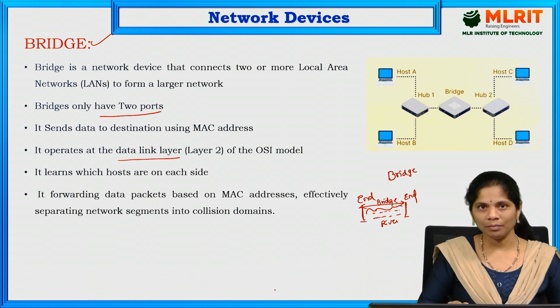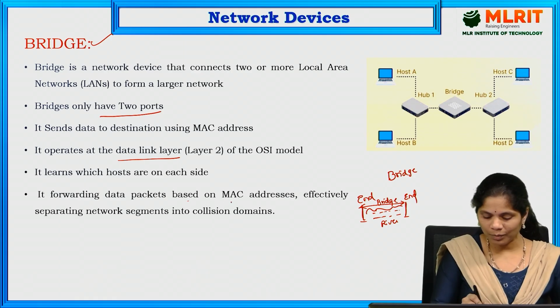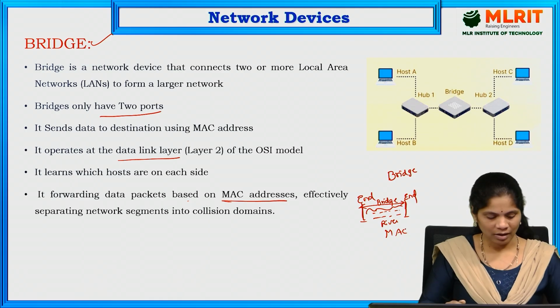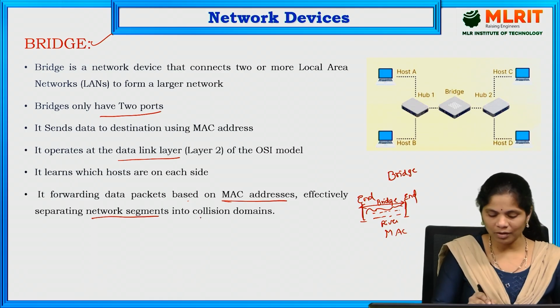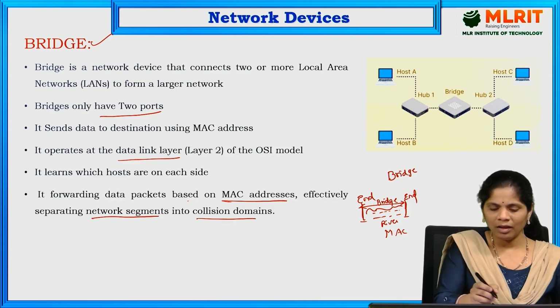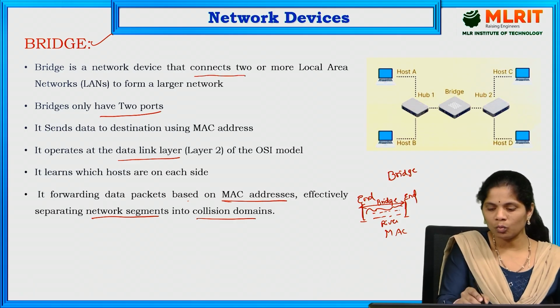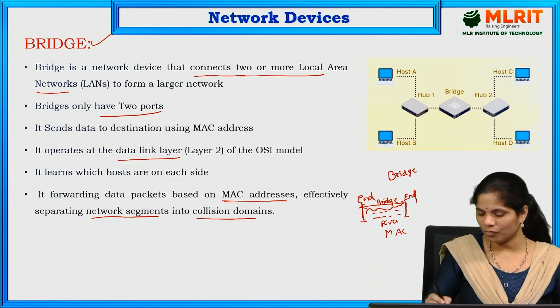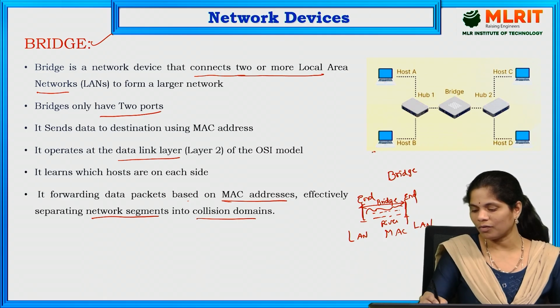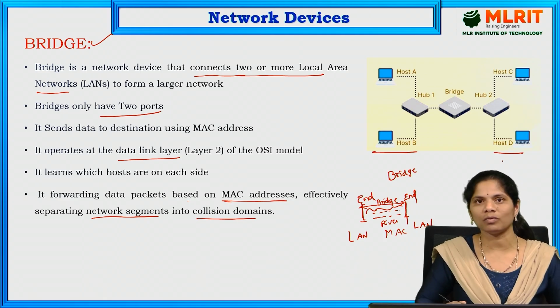At the same time, for forwarding packets based on the MAC address, we connect this end and this end through the bridge, effectively separating the network segment into collision domains. A bridge is a network device that connects two or more local area networks. This is one local area network and this is another local area network, and for connecting them we use the bridge.